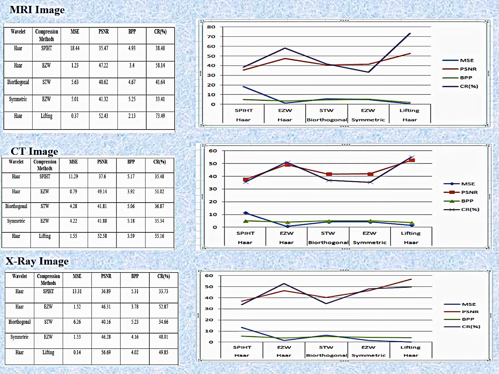When I compare to the CT image, CT scan, you can see the R wavelet and the lifting compression method is going to be 51.16 compression. The bits per pixel is 3.59, and also PSNR is 52, which is not bad. And coming to the next one, the X-ray image, you can see the R lifting scheme is getting 49.85, which is not bad, but R EZW is giving quite a good compression over X-ray images.